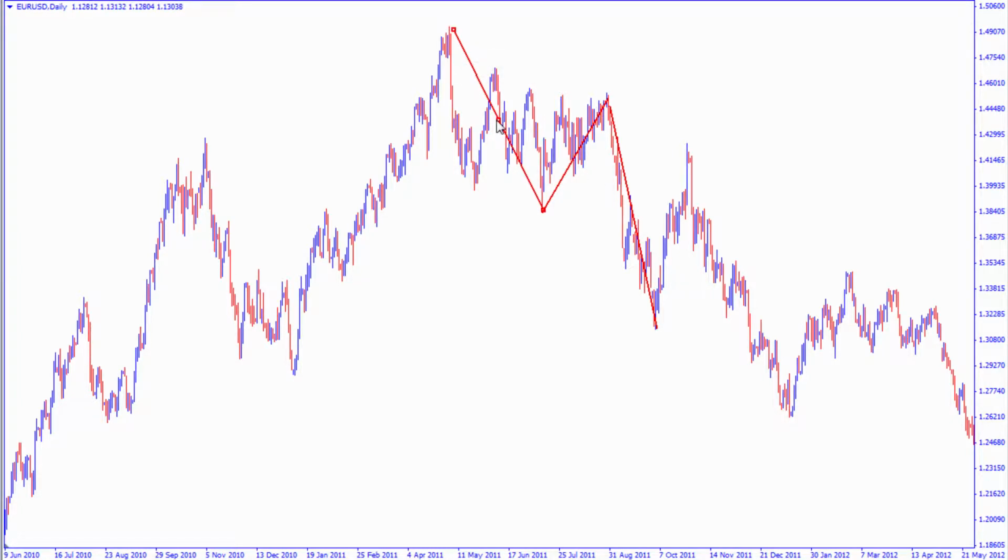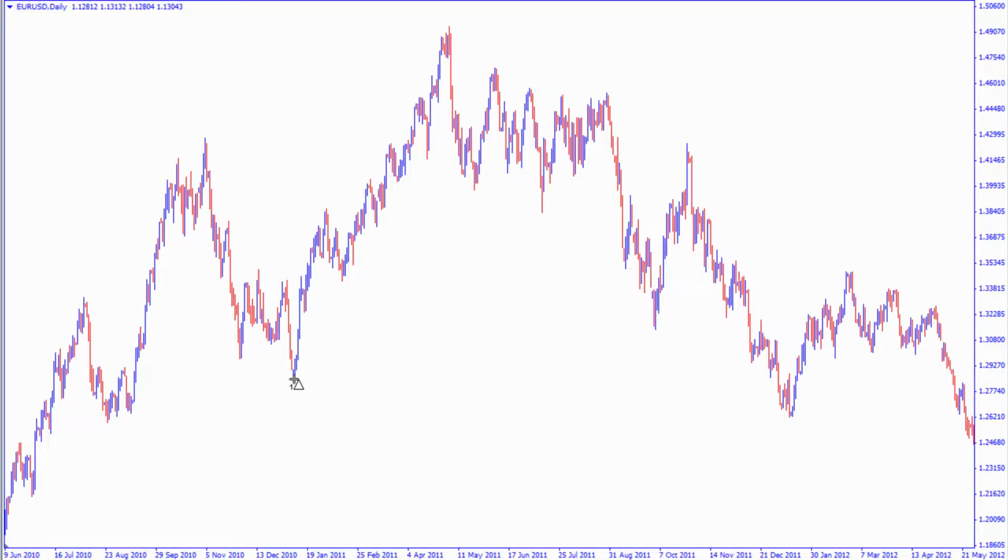So that's always the primary focus when looking at harmonics. Also, the primary focus is always looking at where X is going to end up. So we look at the impulse up, and then we look at the retracement, and that sets the stage for the future pattern.